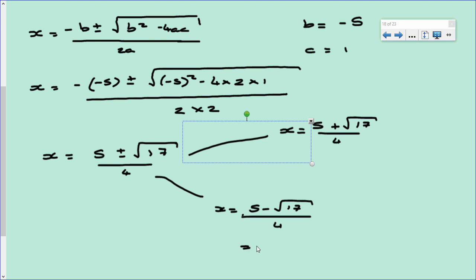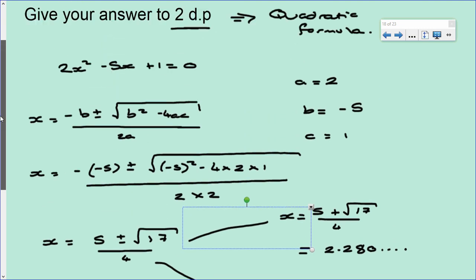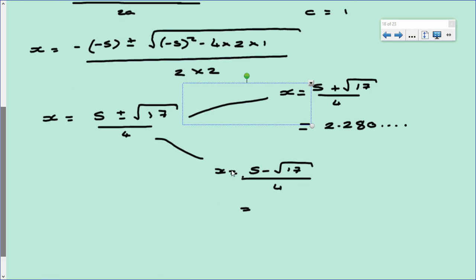all divided by 4. Now, if I put this in my calculator, I get 2.280 and so on. Now, because our question specified, give your answer to 2 decimal places, I need to show my unrounded value first. And then in this case, because there's a 0, it will round to 2.28.